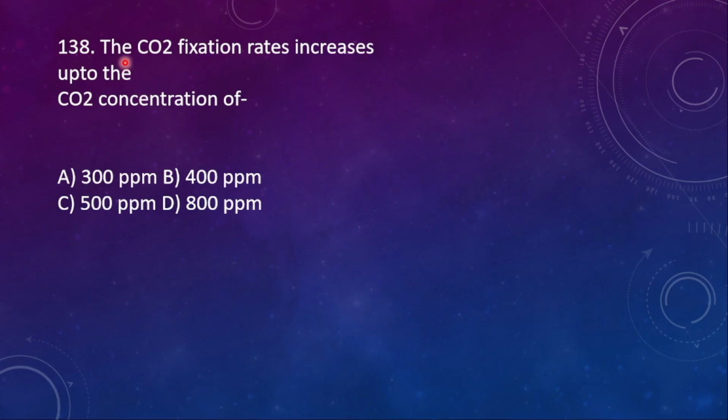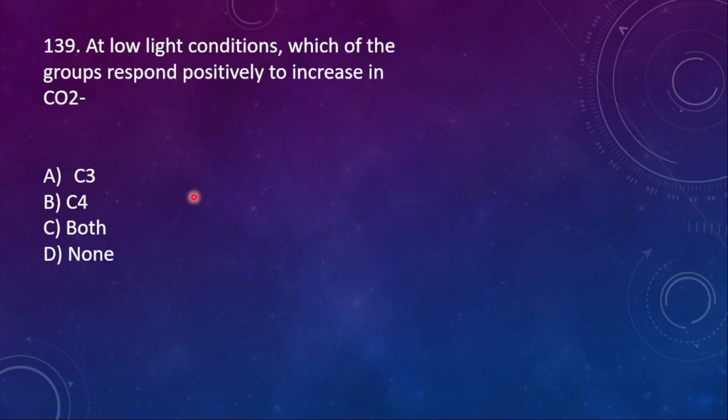138. The CO2 fixation rate increases up to a CO2 concentration of 300 ppm, 400 ppm, 500 ppm, 800 ppm. Here the right option is C, 500 ppm. 139. At low light condition, which of the groups respond positively to increase in CO2?